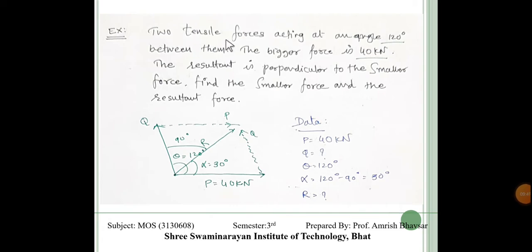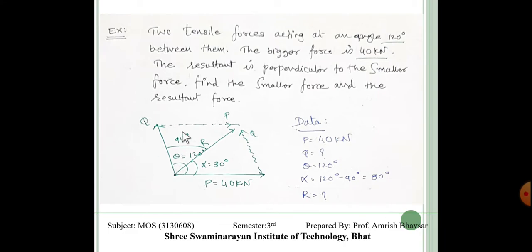Now the next example: two tensile forces acting at an angle 120 degree between them. The bigger force is 40 kilonewton, the resultant is perpendicular to the smaller force. Find the smaller force and the resultant force. Read the question carefully.